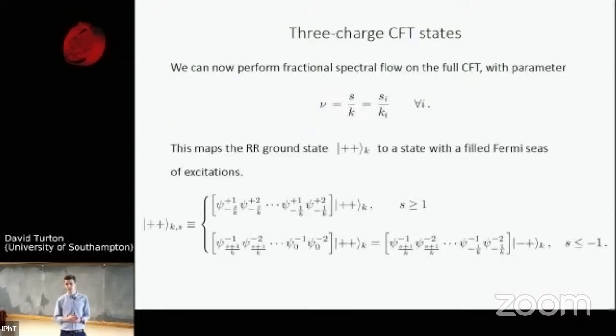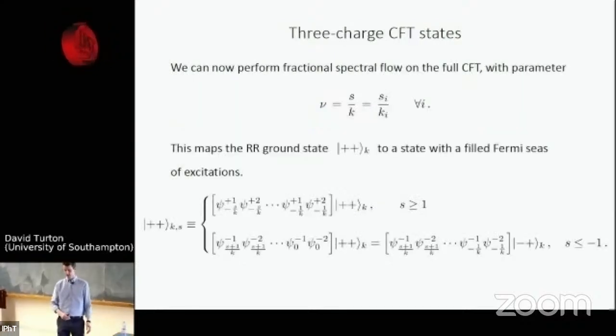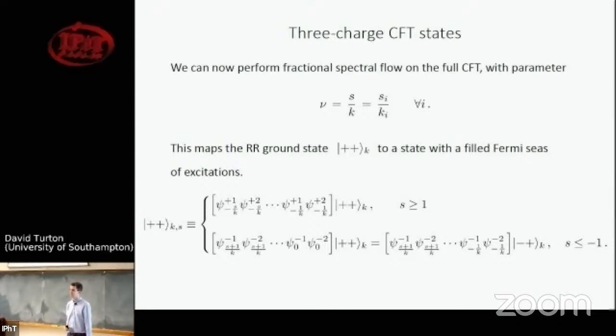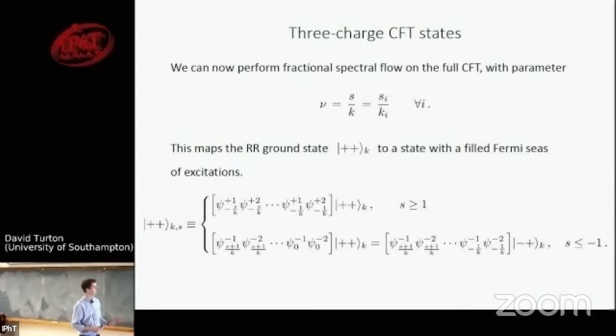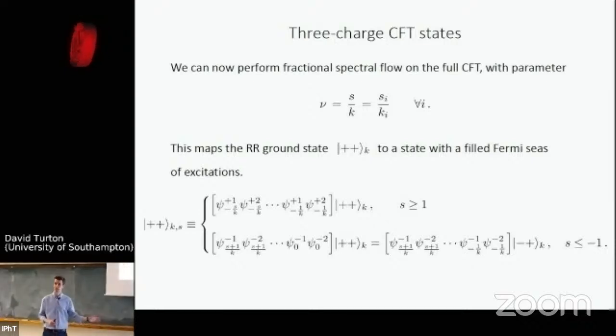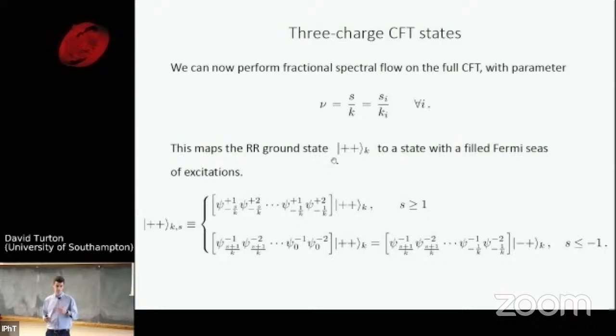So now we're going to perform a holographic CFT fractional spectral flow on this more precise proposal for the 2-charge states to get our 3-charge states. For those who are not so familiar with this, all we're basically doing is taking each of the ground states, whether they be the shorter strings or the longer strings, and filling Fermi seas of excitation to some appropriate filling level.